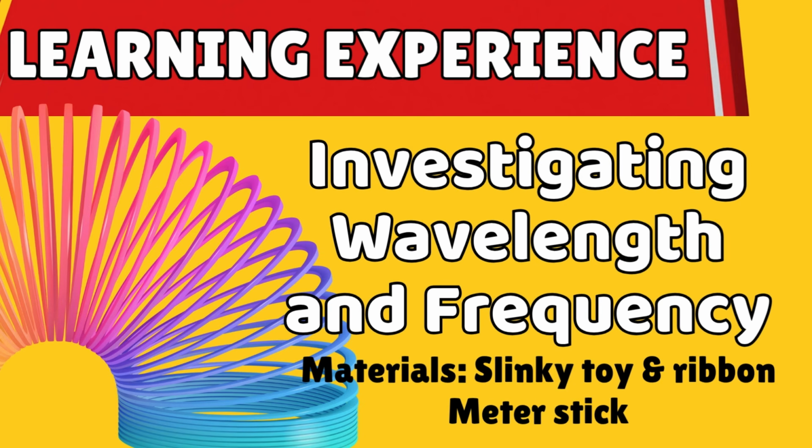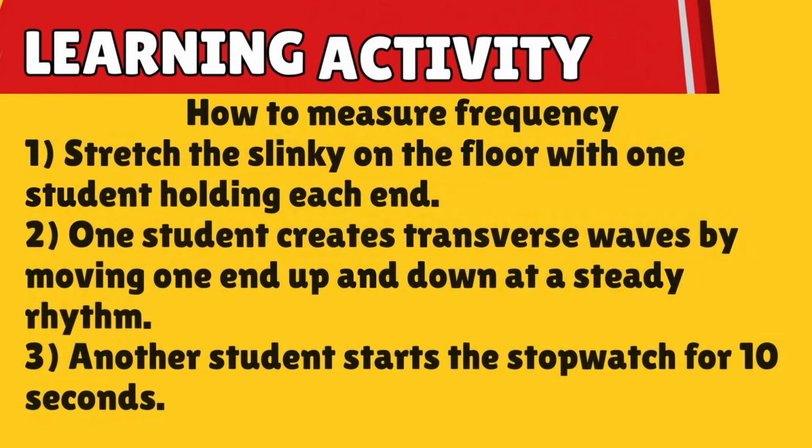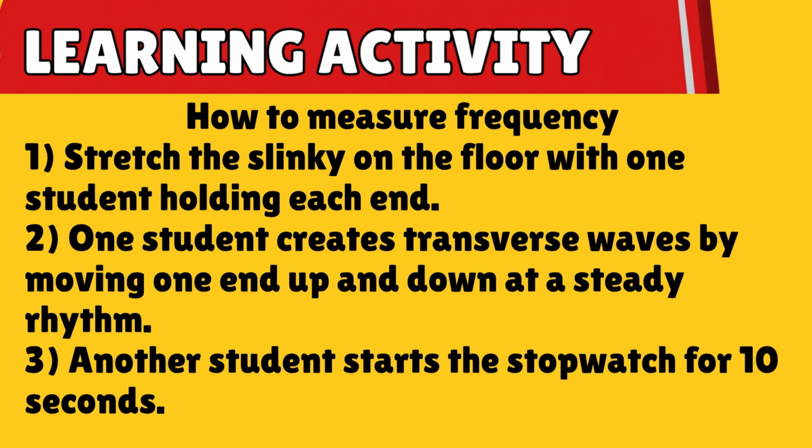For our materials, we will use a slinky toy, ribbon, meter stick, and timer. The first part is how to measure the frequency. When we say frequency, it is the number of waves that pass through a point per second. First, stretch the slinky on the floor with one student holding each end.